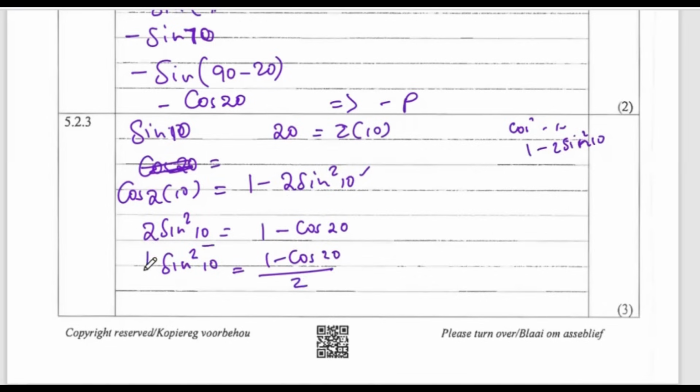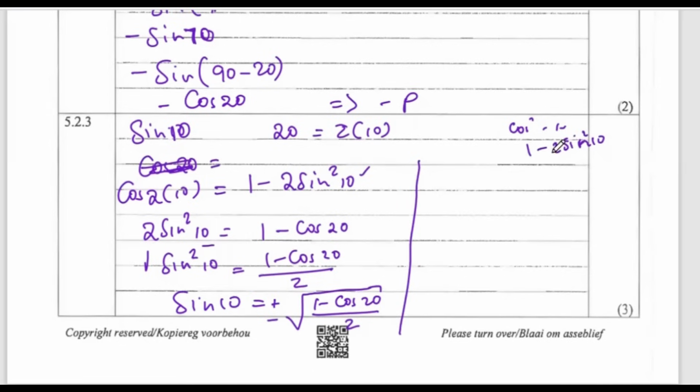Then I can take square roots on either side to eliminate that. So that my sine 10 is going to be the square root of 1 minus cos of 20 over 2. But whenever I find the square root, I can have a plus or minus, but that's not a big deal. Okay. Then I can now do the substitution.